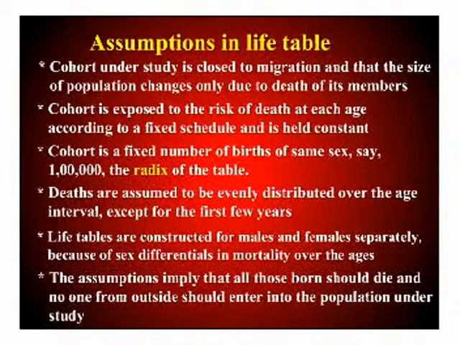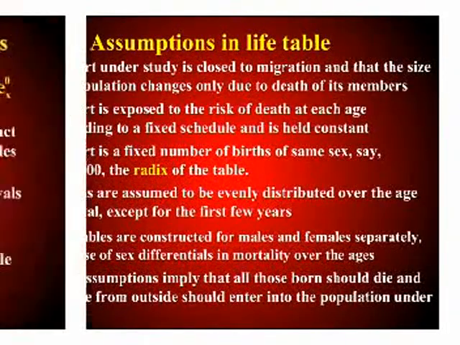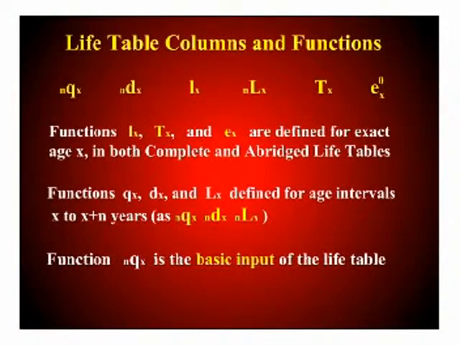mortality and is constant. The basic functions of a life table are 6 in number. They are nqx, ndx, small lx, capital nLx, Tx and e naught x. Of these functions, small lx, Tx and e naught x are defined for exact age x and the rest of them for age interval x to x plus n.